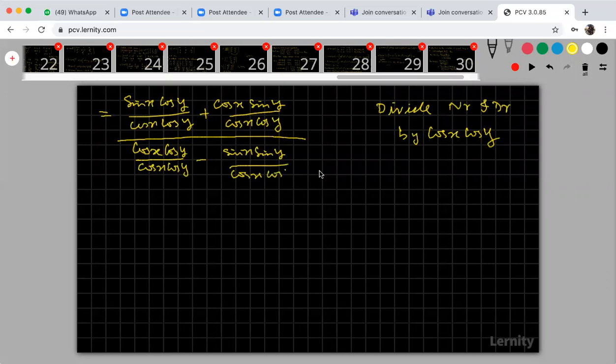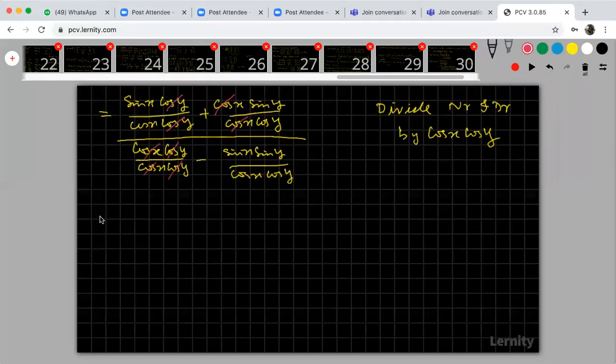Right? So now look at that, here we can cancel cos y, here we can cancel cos x, and here we can cancel both cos x cos y. Here it is not possible because the numerator is sin x sin y and the denominator is cos x cos y, so nothing can be cancelled.